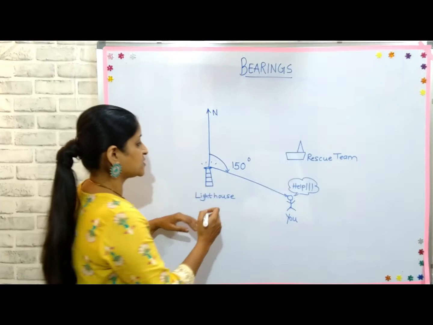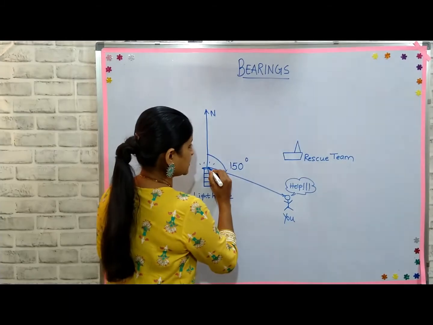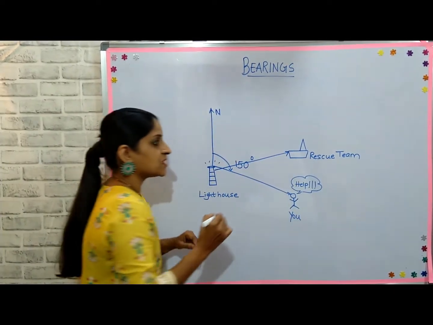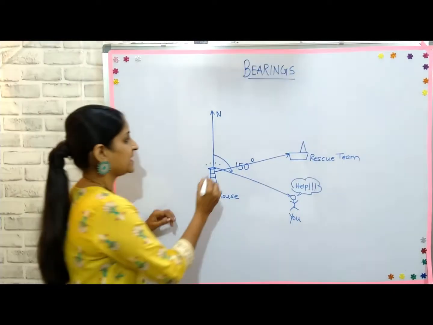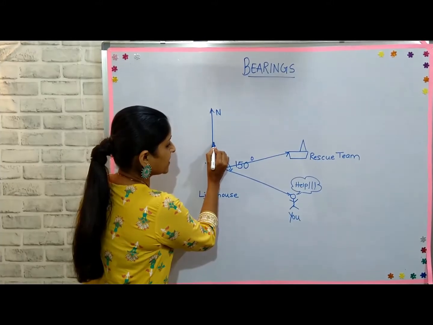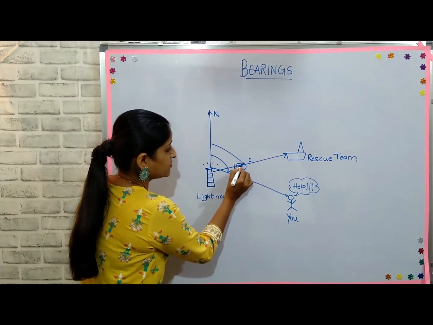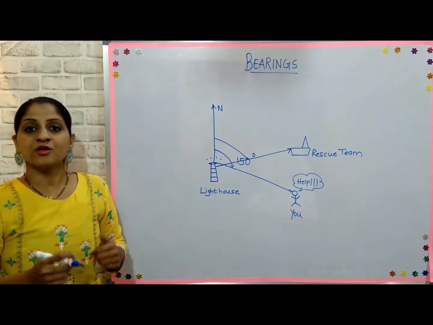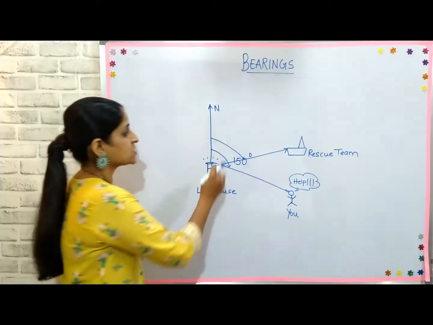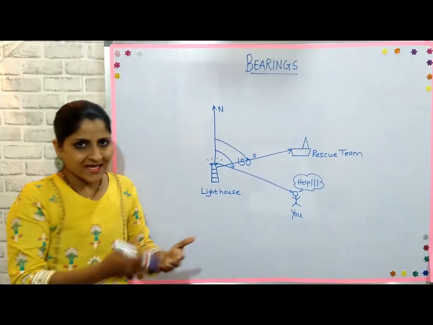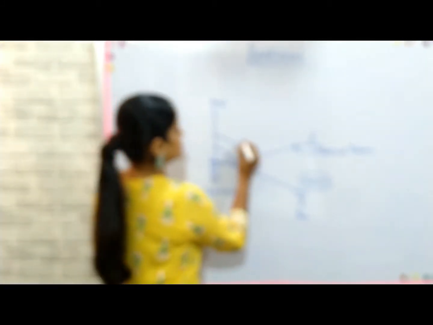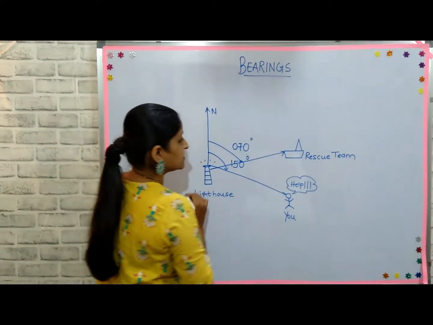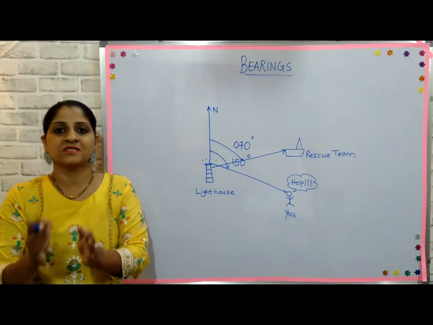From that fixed point, we will draw a straight line towards our rescue team, and then in a clockwise direction, we measure this angle to know the bearing of our rescue team. Suppose I measure this angle and it turns out to be 70 degrees, then the bearing of the rescue team is written as 070.